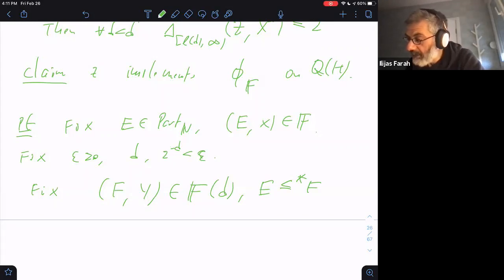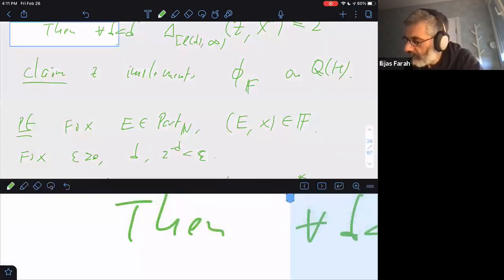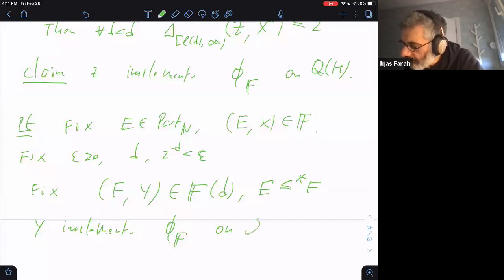Now, what this means is that y implements phi f on F_E, right?